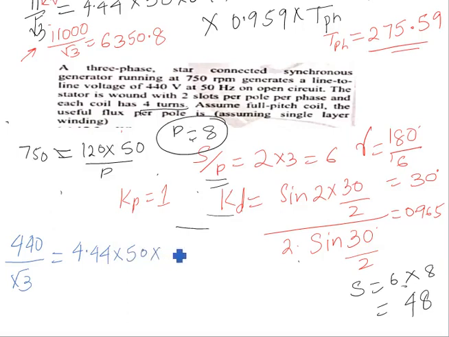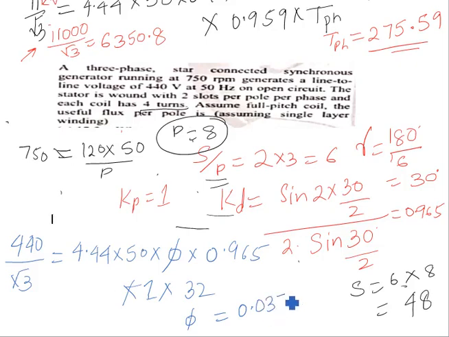Phi we have to calculate, phi into phi M, phi KD. First go for KD. KD is 0.965. KP is 1 because full pitch, and then turns per phase, that is 32. So you will calculate this, and you will get phi as 0.0337 Weber. This is the unit.